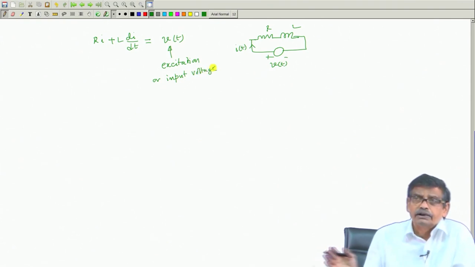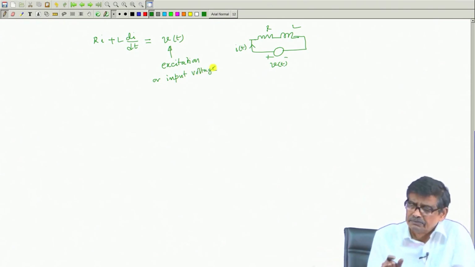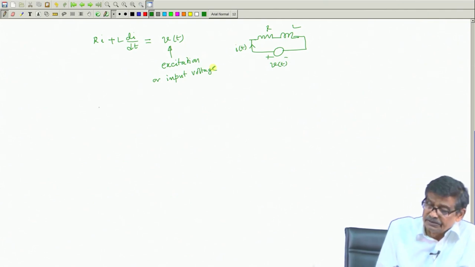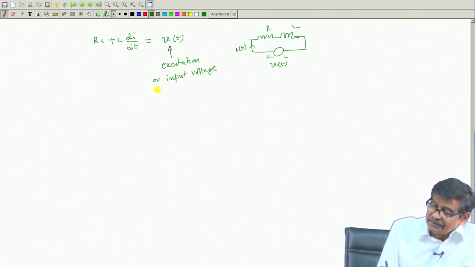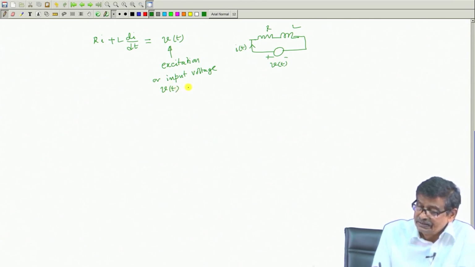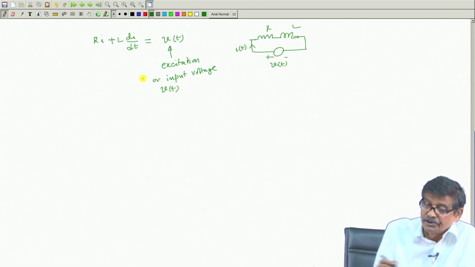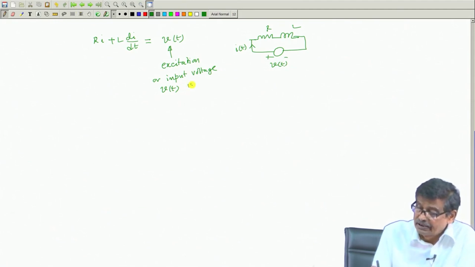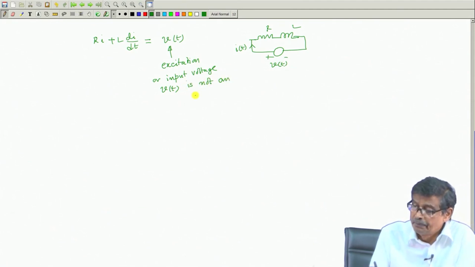And so far, whatever I have done, I solved these differential equations with the assumption that V(t) excludes impulse. V(t) is not an impulse voltage.